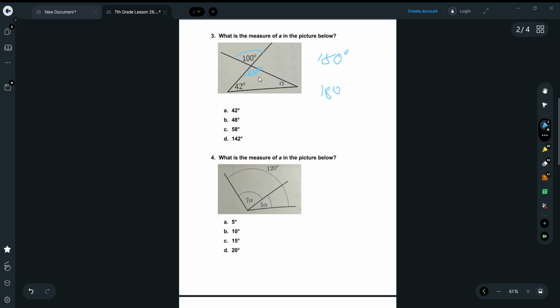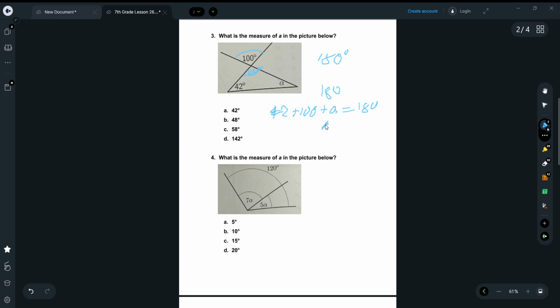So in this triangle below, we see 42 plus 100 plus angle A, and all of that should equal 180. From here, it's just adding and subtracting algebra.